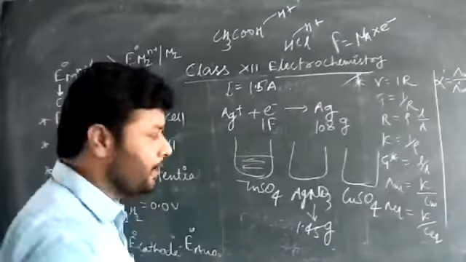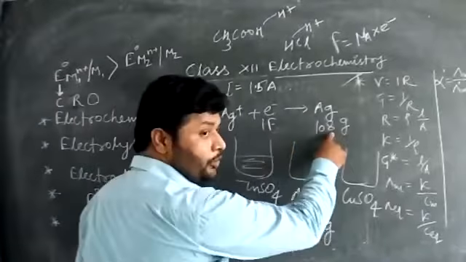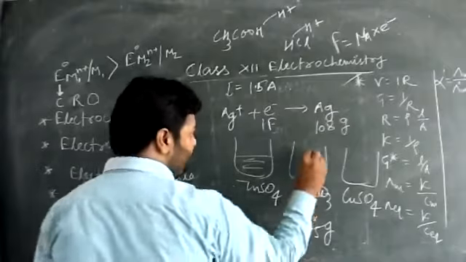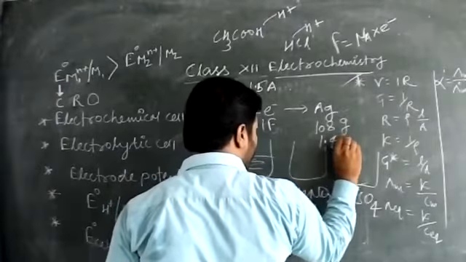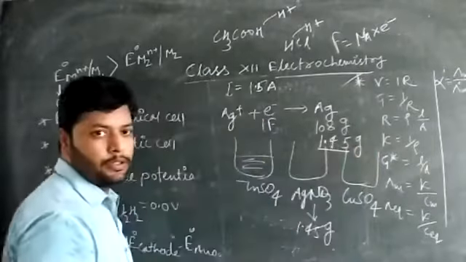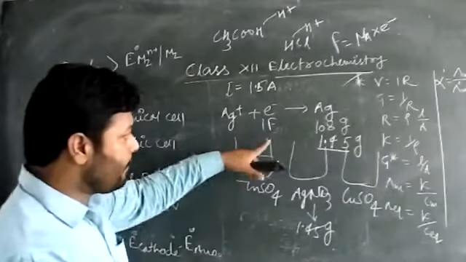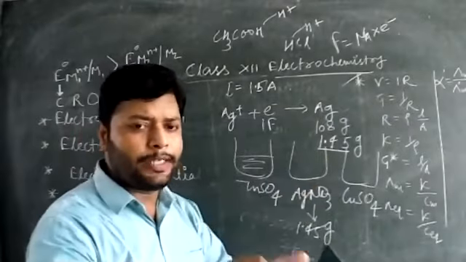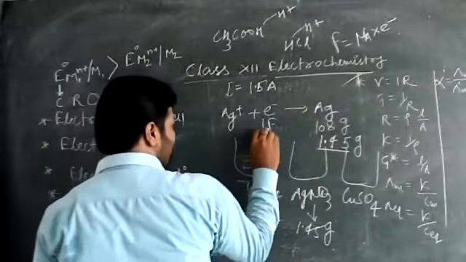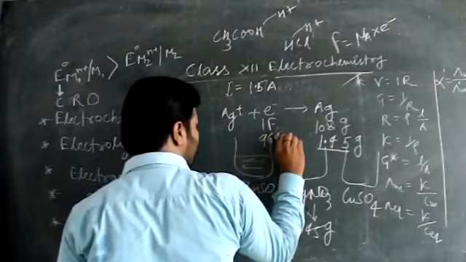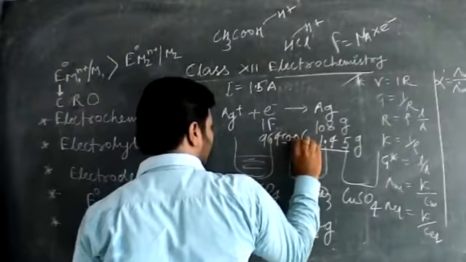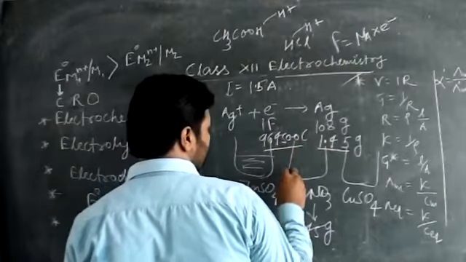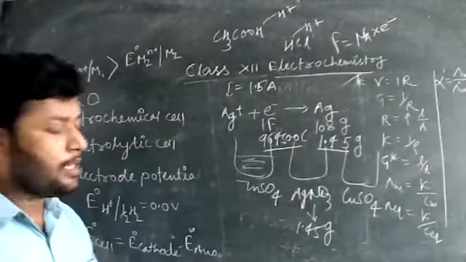Class, listen carefully. 1 farad of charge is required to deposit 108 gram of silver, and there is deposition of 1.45 gram. So first calculate what amount of charge is required to deposit 1.45 gram of silver. 1 farad means 96,500 coulomb.